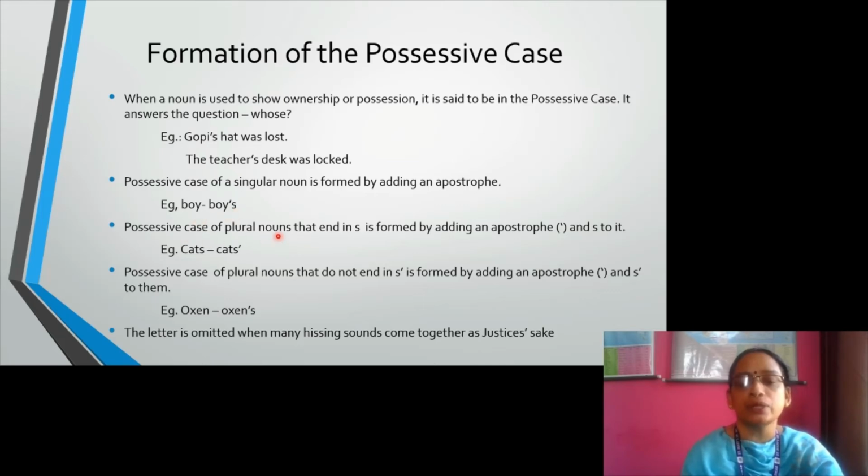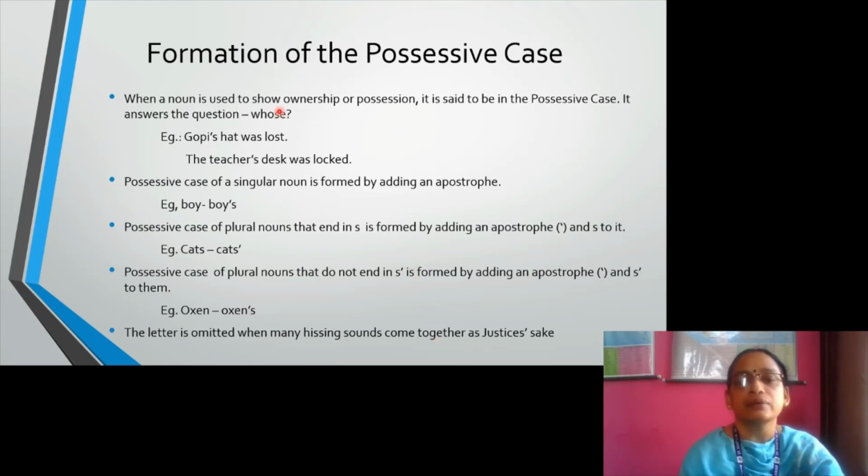Possessive case of plural nouns that end in s is formed by adding an apostrophe: boys, boys'; cats, cats'. Possessive case of plural nouns that do not end in s is formed by adding an apostrophe and s: oxen, oxen's. The s is omitted when many hissing sounds come together, as in justice' sake.